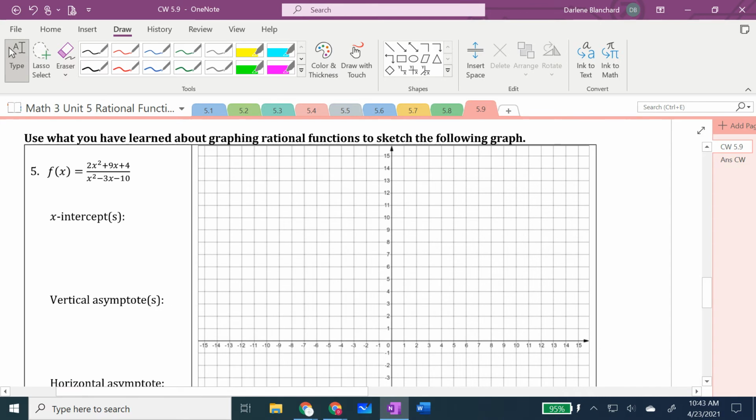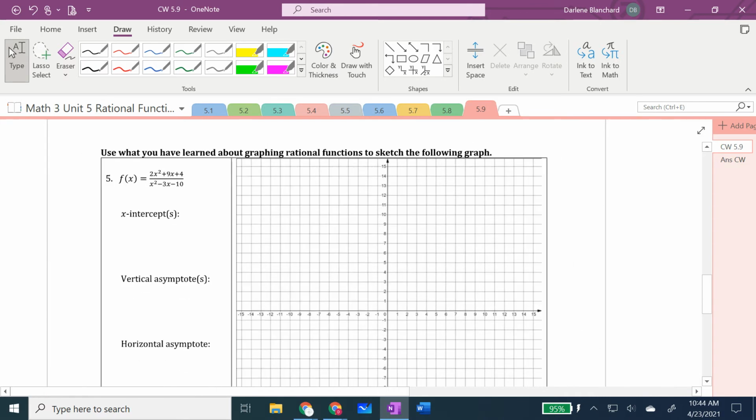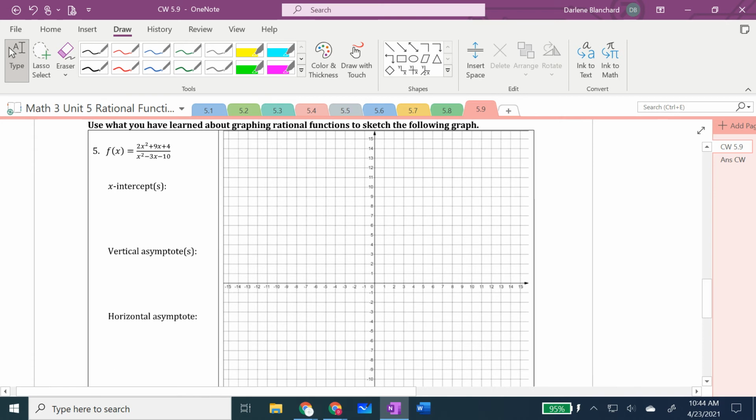Now, we are at the end of what I expect you to be able to do when you draw a graph. So know that there's going to be a difference of you being able to multiple choice select or match graphs and equations, and then there is you actually drawing the graph.